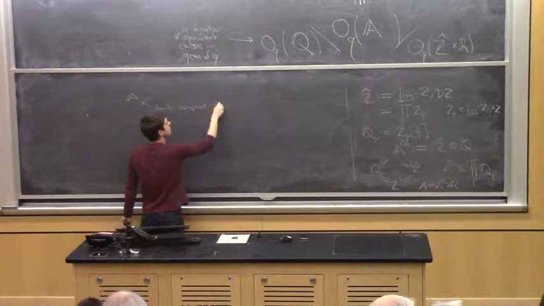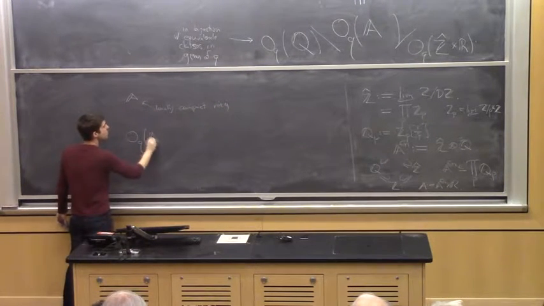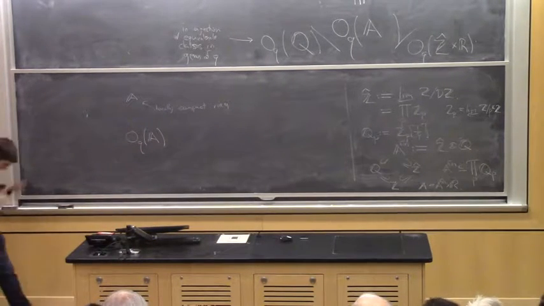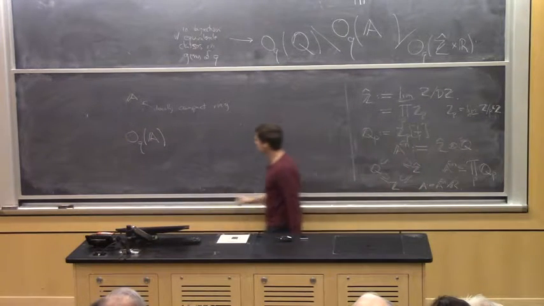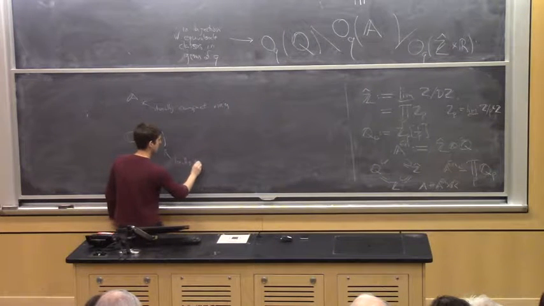So this is a locally compact commutative ring, and if you look at O_Q of the adeles, this is some set of n by n matrices satisfying some conditions. This inherits a topology which makes this into a locally compact group.